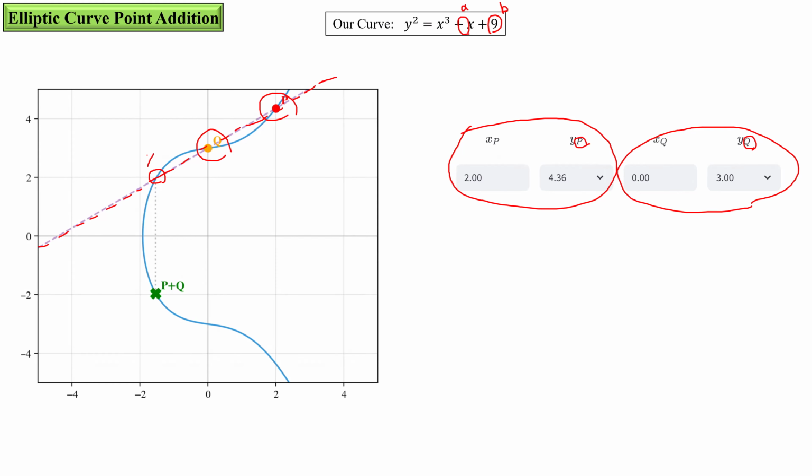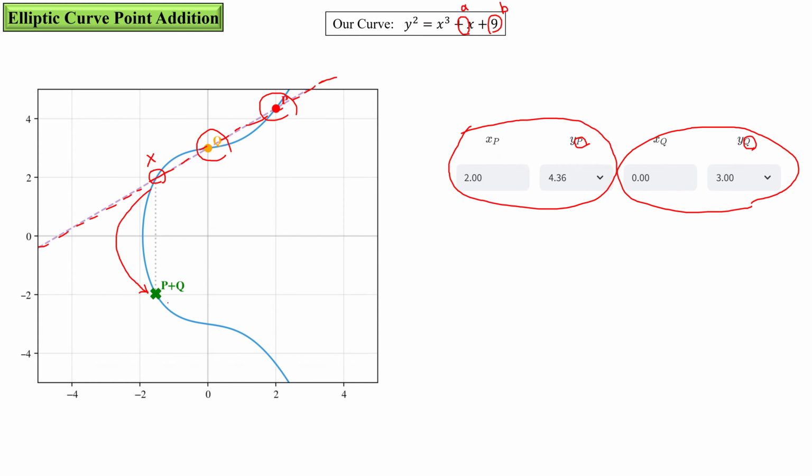So this is the intersection between the line and the curve. Now you need to reflect the intersection point over the x-axis, and then you will reach a point that is the addition of 2 points P and Q, right?